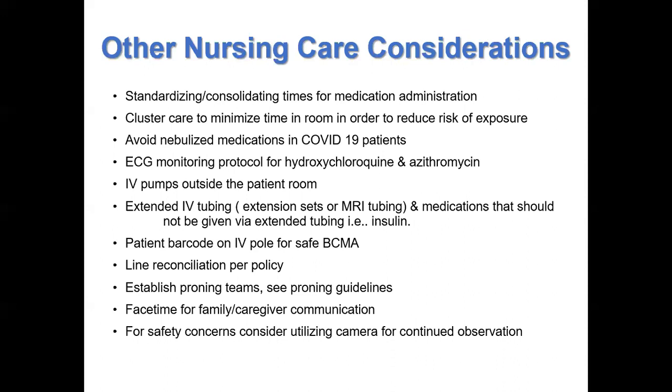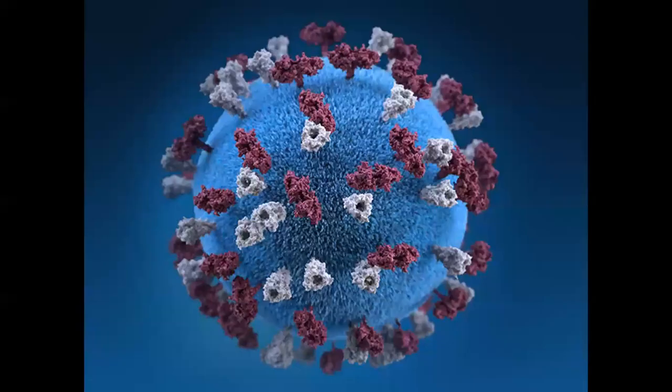Also establish the proning teams, FaceTime or family caregiver communication, and address safety concerns. Consider utilizing a camera for continuous observation. So this is the information we wanted to share about the care of COVID positive patients.